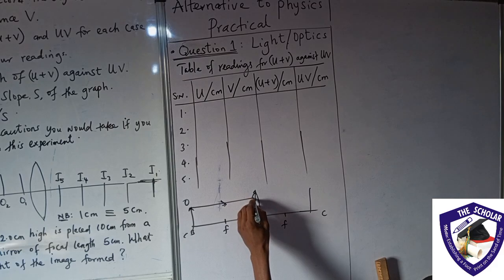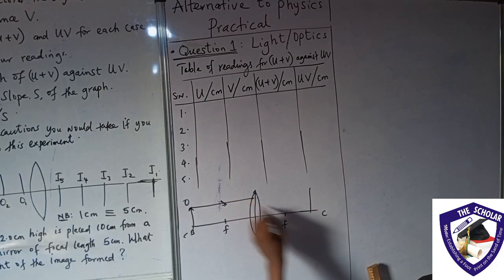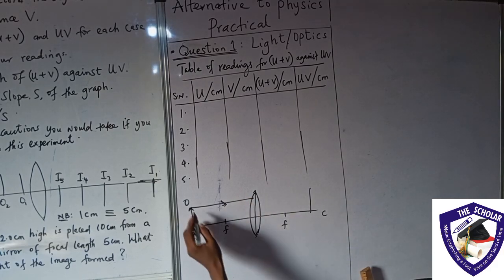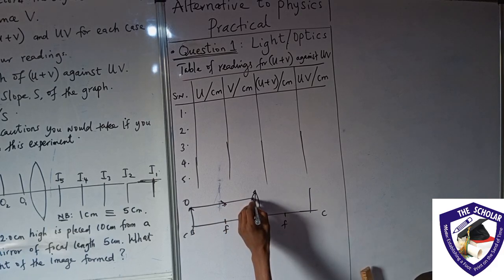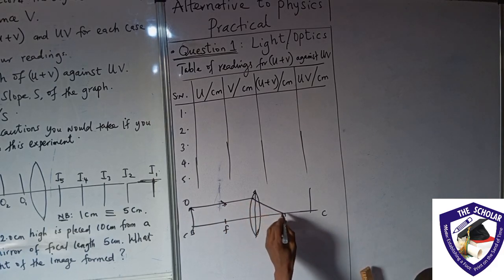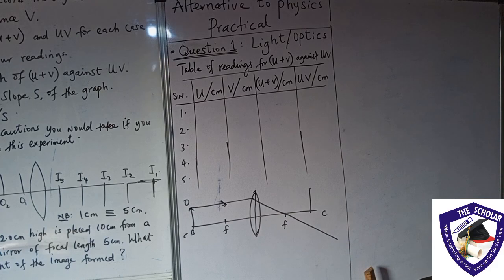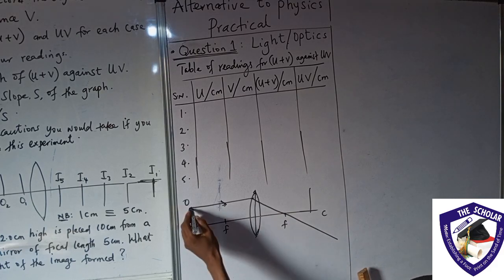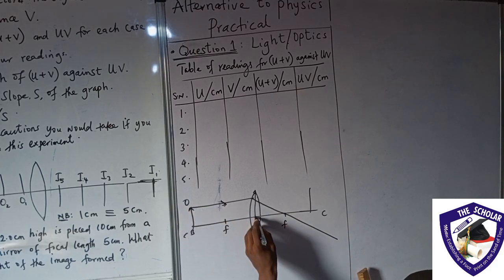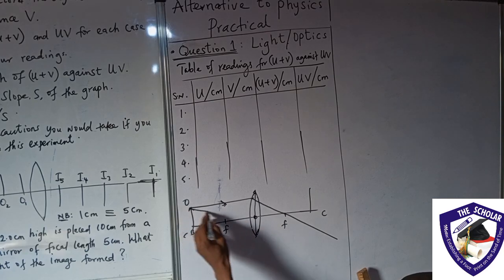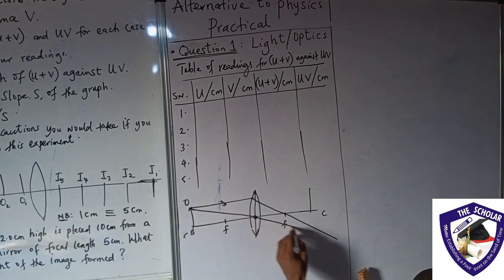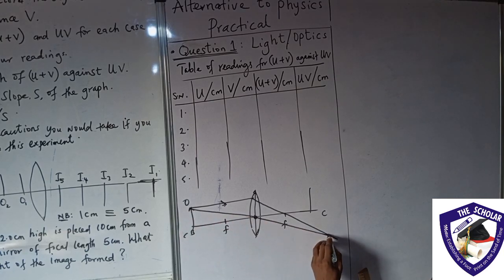When it enters through this platform, another ray will come and follow. It will bend inward and pass through the focal point. Then another ray of light will come from this end, passing through this origin. Where the two of them meet is where we have our image, which is down.